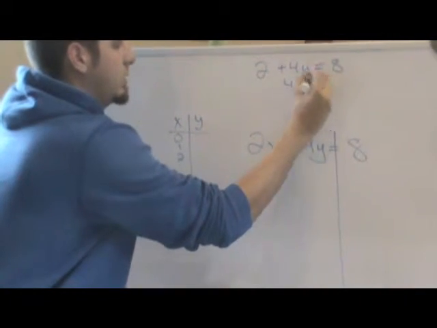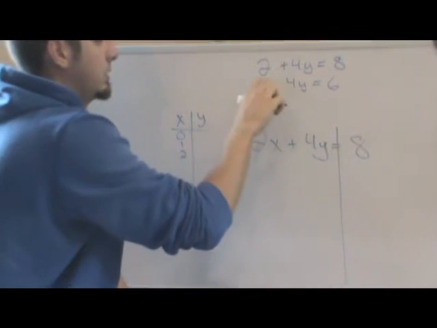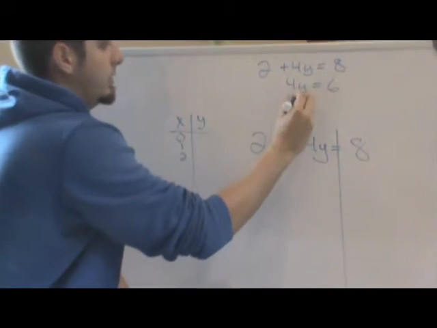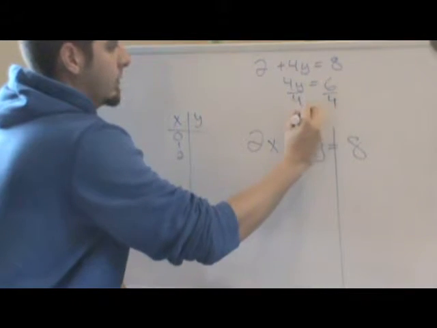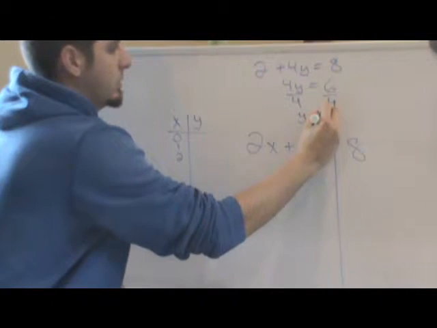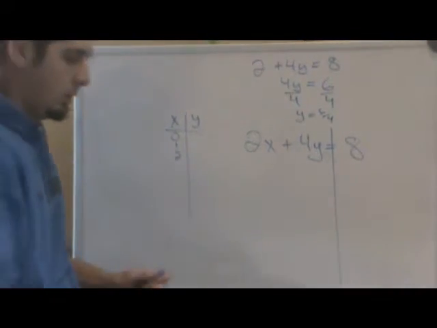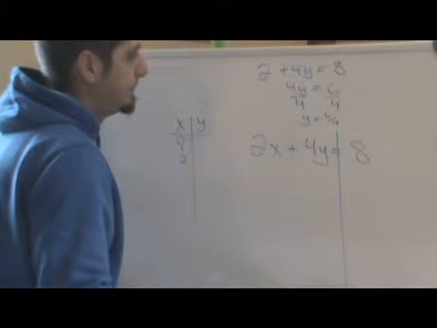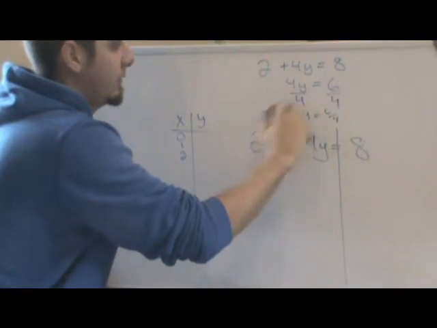So I would have subtracted 2 from both sides. Okay, 8 minus 2 is 6, 2 minus 2 is nothing. Okay, the 2 is canceled out over here. And I would divide both sides by 4. And so I would know that y equals 6/4. Okay, or 1 1/2. Either one works, but I can solve that equation.